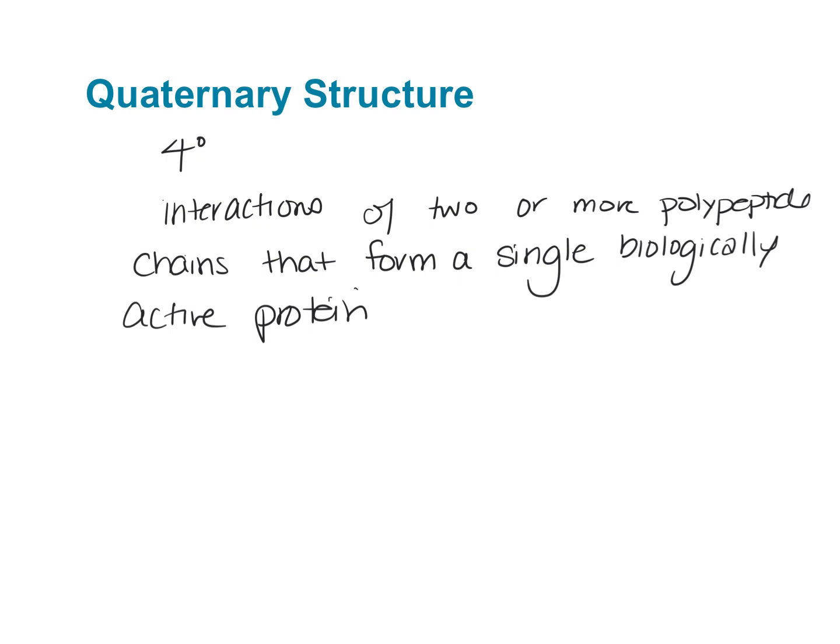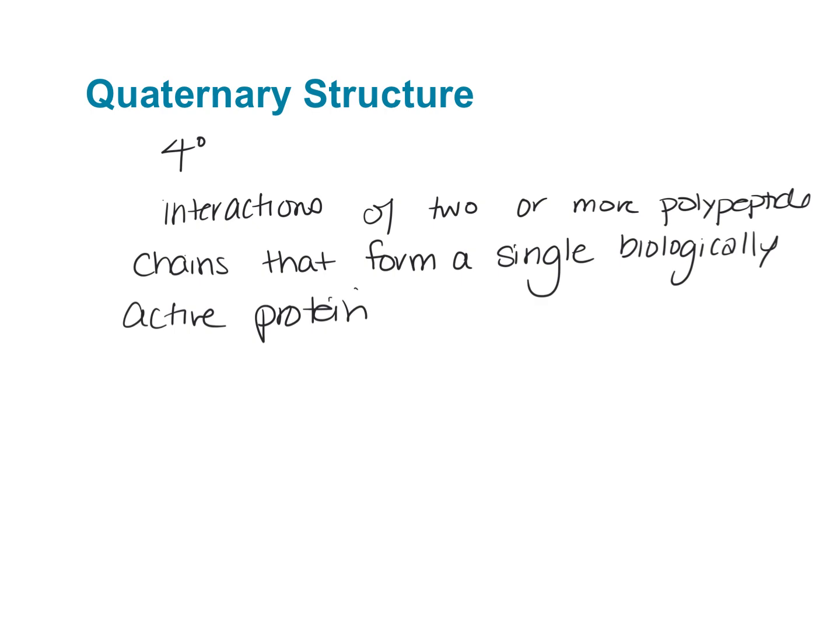Right? And the individual polypeptide chains or subunits are held together by the same interactions that stabilize the tertiary structure of a single protein. Not all biologically active proteins have a quaternary structure. Some are just made up of a single polypeptide chain, but some of them do. And so that's why we mention it and talk about it.